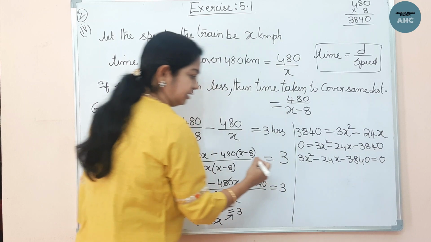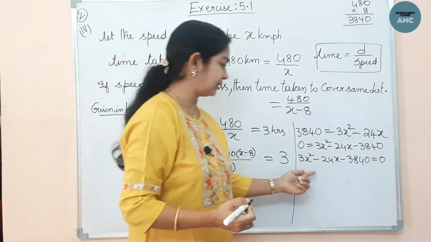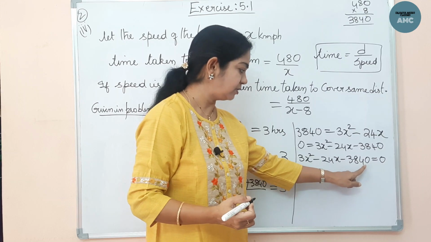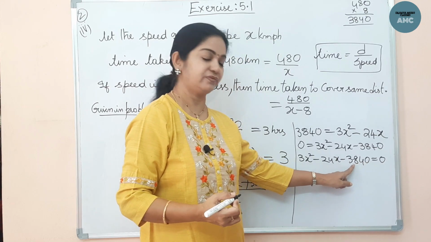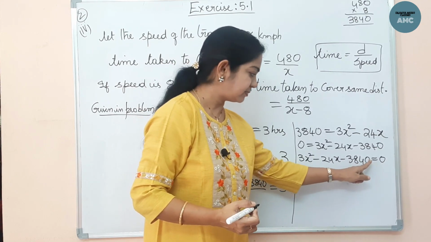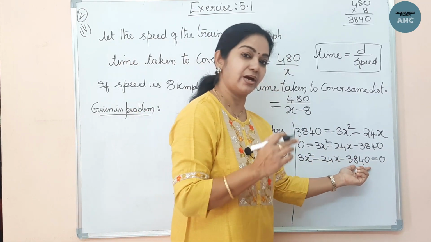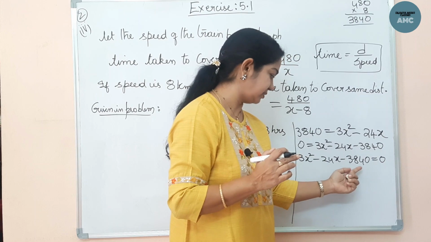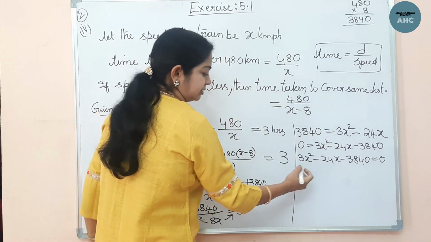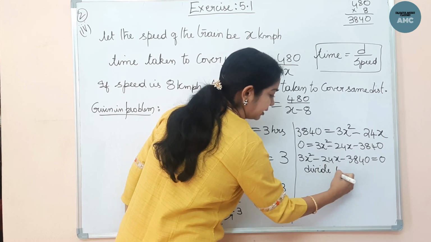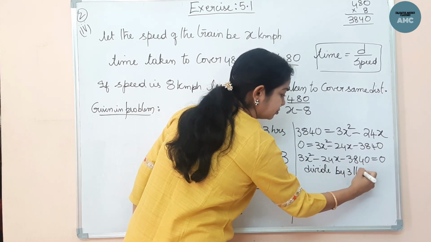If you see here, we can divide it by 3. It is divisible by 3. How? Here the digits 3 plus 8 plus 4 plus 0 sum to 15. If the sum of the digits is divisible by 3, then the number is divisible by 3. So divide throughout by 3.